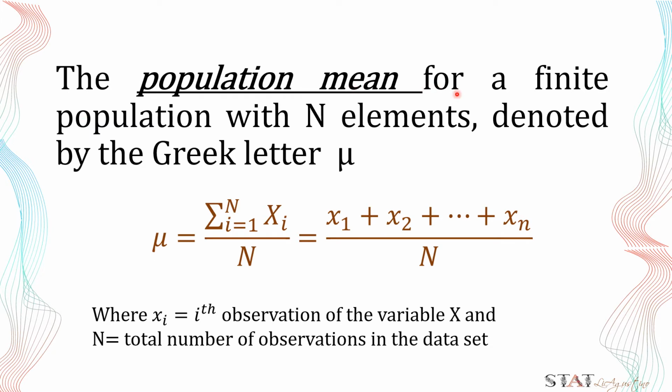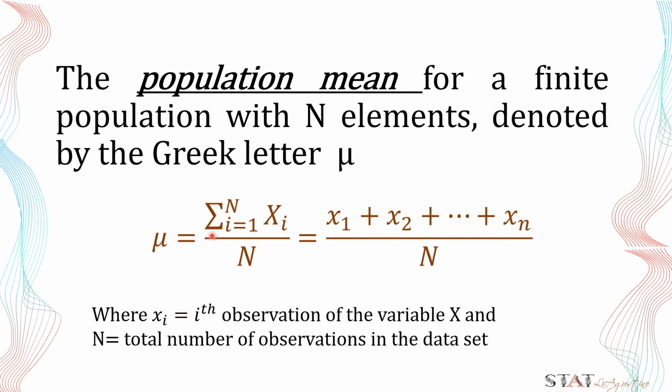The population mean for a finite population with n elements is denoted by the Greek letter mu. So if I use this letter mu, then I'm talking about the population. That means my data set came from a population. And by just looking at this big letter N, I'm already talking about the population size. But the computation is just the same as when using the small n or the sample size. They just give you an idea that my data set came from a population.